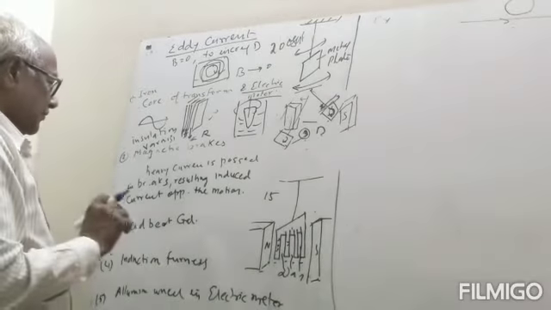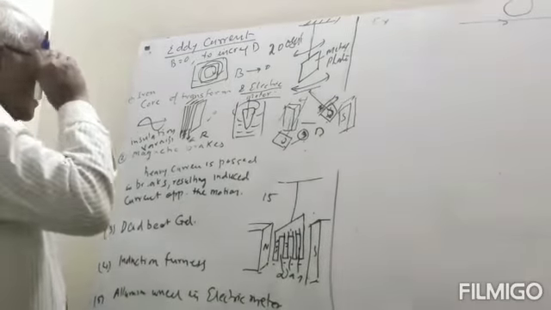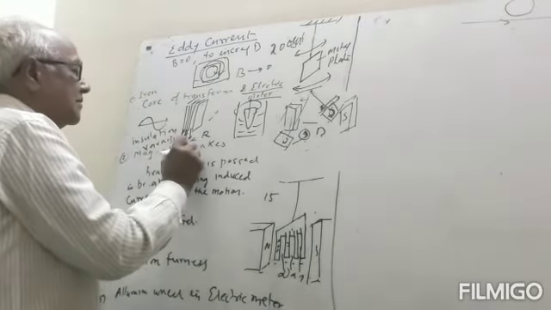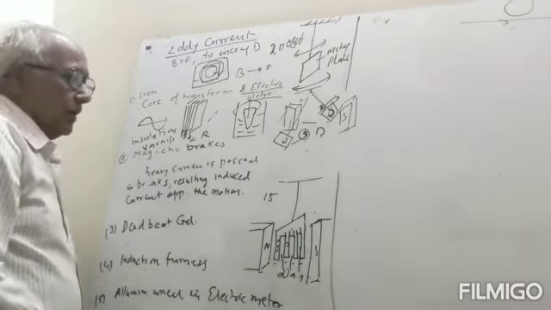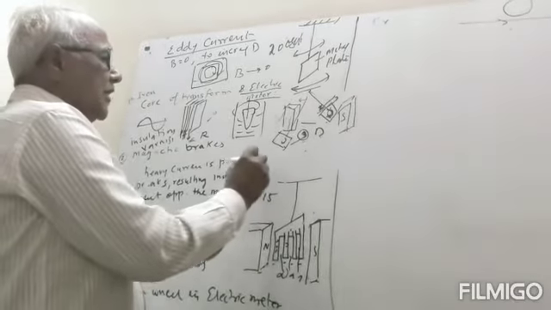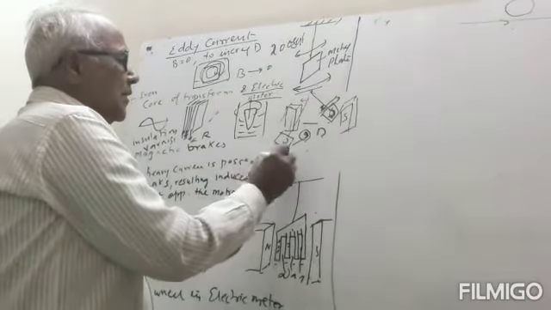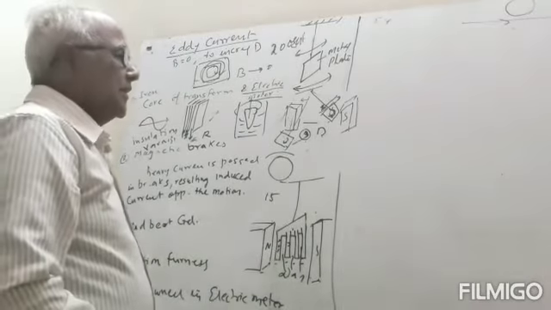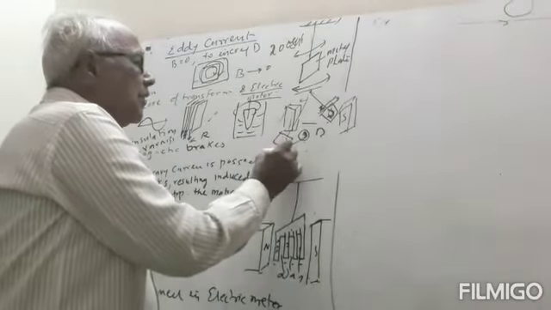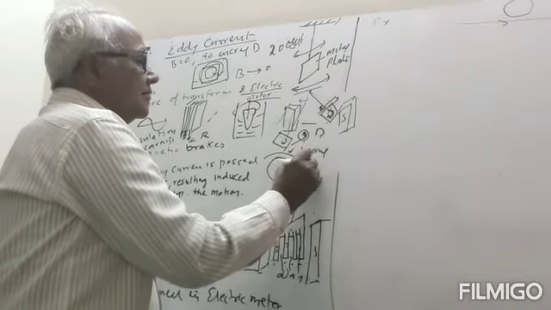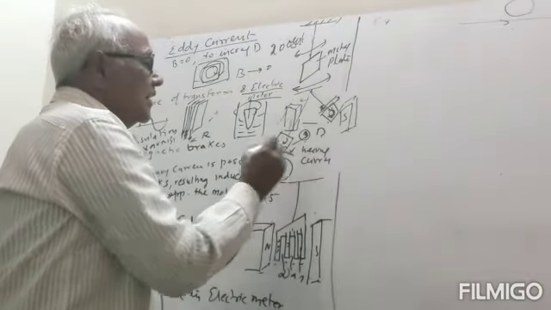Now second, we can take the example of magnetic brakes. Now in electrical trains, magnetic brakes are used. So suppose this is the wheel. Here there is a magnetic field. Now when we want to stop the train, then we pass a very heavy current in this brake.